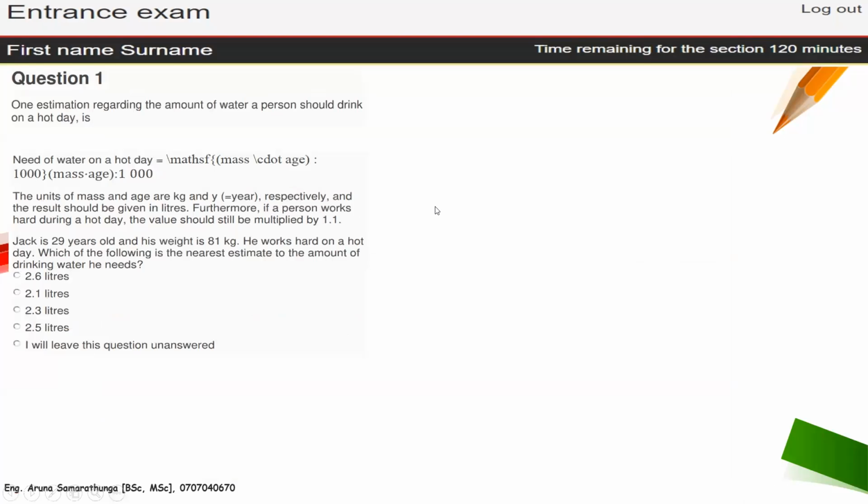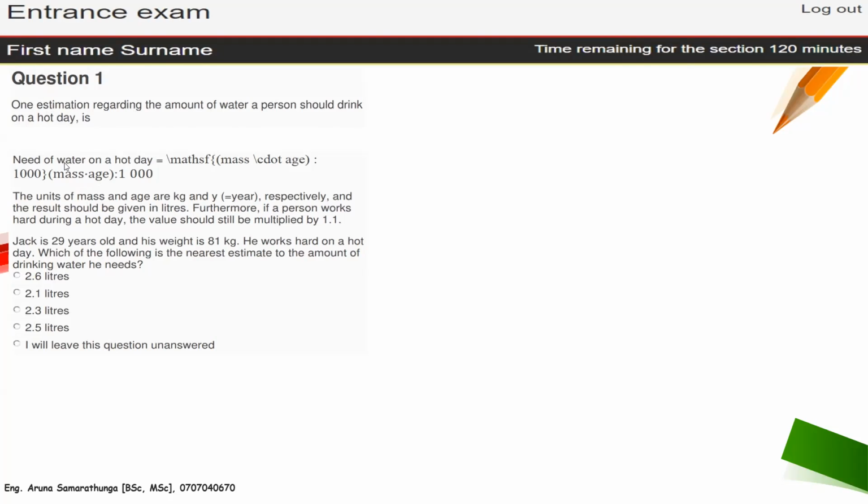The first question, this is a little bit hard one. The estimation regarding the amount of water a person should drink on a hot day is, so they have given some equation.